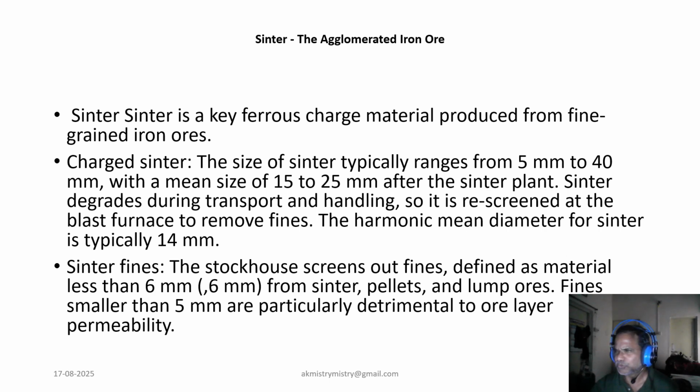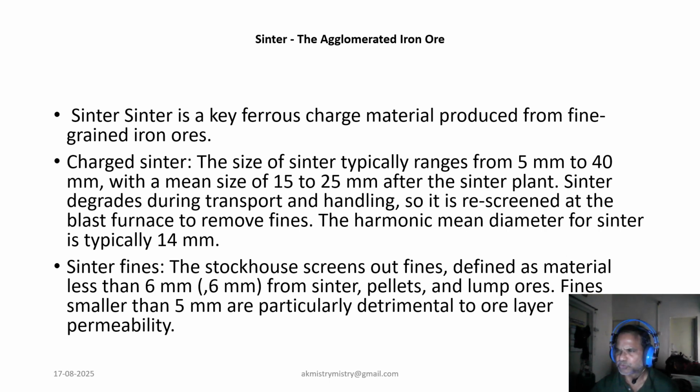Now moving on to the iron bearing material. Sinter is a key ferrous charge material produced from fine grain iron ore. When it's charged into the blast furnace, the size of sinter typically ranges from 5 to 40 mm, with a mean size of 15 to 25 mm after the sinter plant. The harmonic mean diameter of sinter is typically 14 mm.